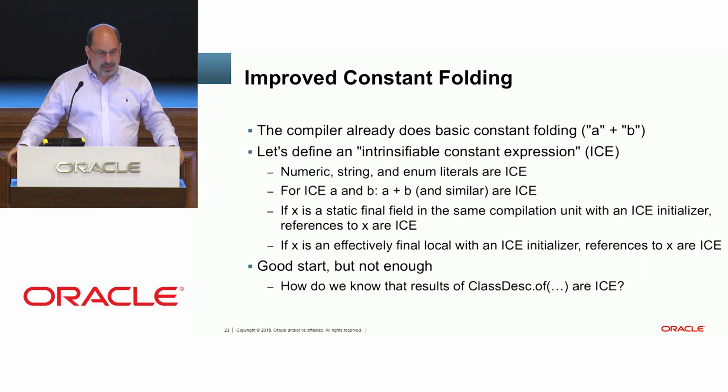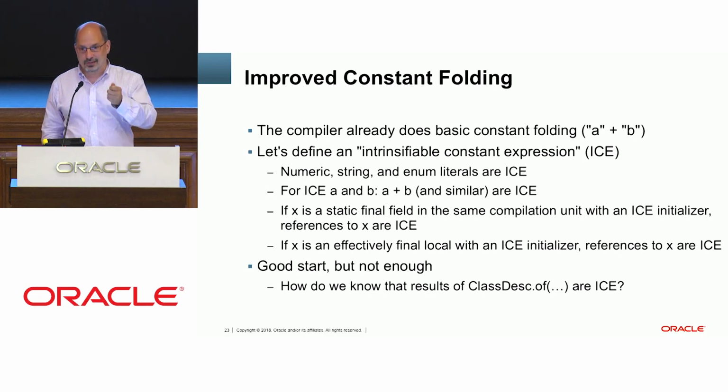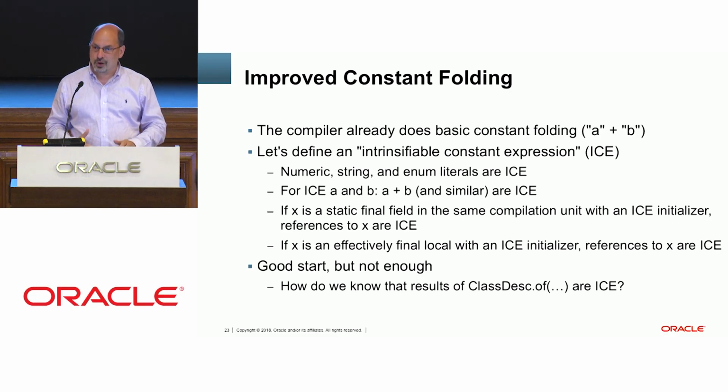And similarly, if x is an effectively final local, a reference to it, and its initializer is a constant, then the reference to the local should be a constant too. So this gives us some static typing rules that allow us to say whether or not a given program, when an expression arrives at an intrinsification point, could possibly be an intrinsifiable constant or not. So that's a good start, but it's actually not enough.